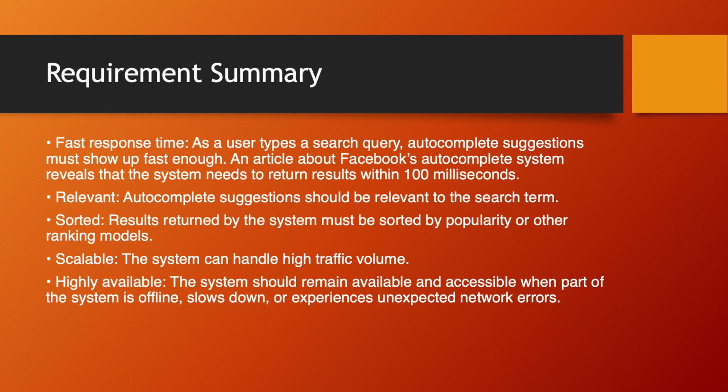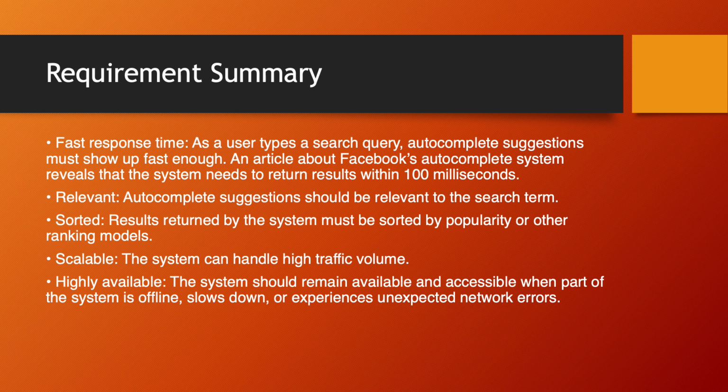To summarize the requirements, first we need a fast response time. As a user types a search query, autocomplete suggestions must show up fast enough. An article about Facebook's autocomplete system reveals that the system needs to return results within 100 milliseconds, which is actually true. So anywhere between 20 to 100 milliseconds is fair. Now, relevancy.